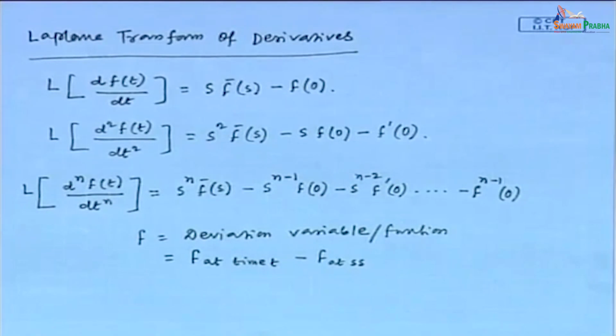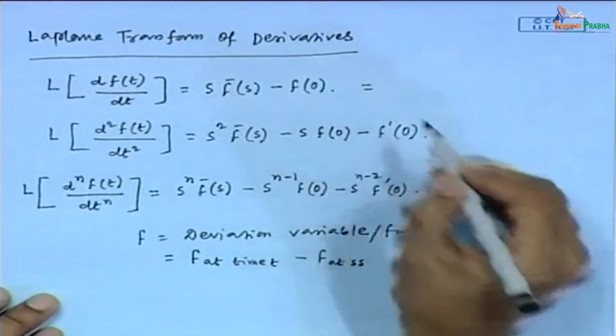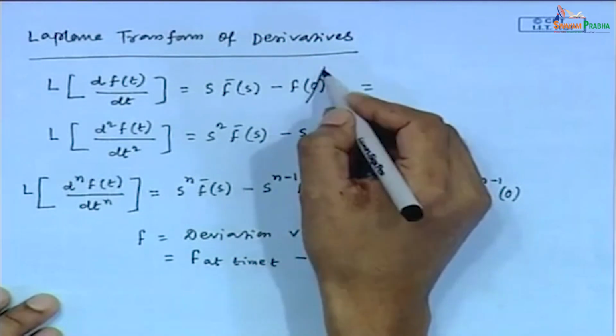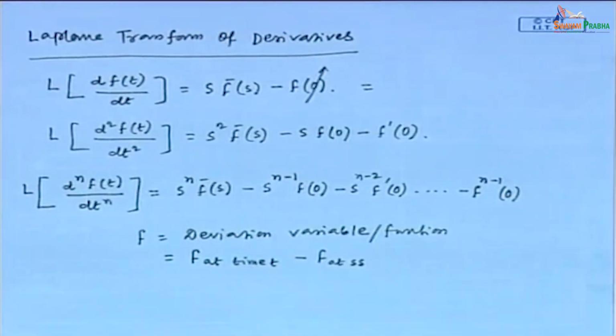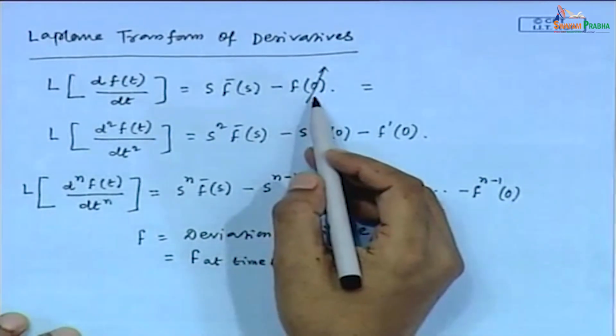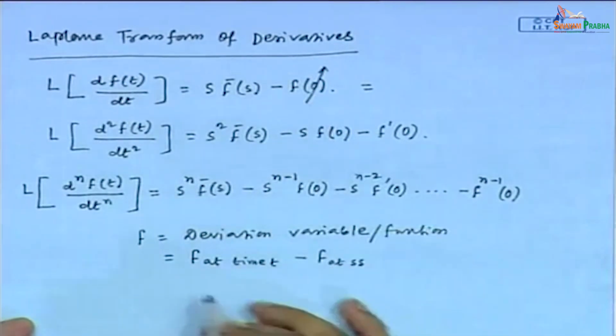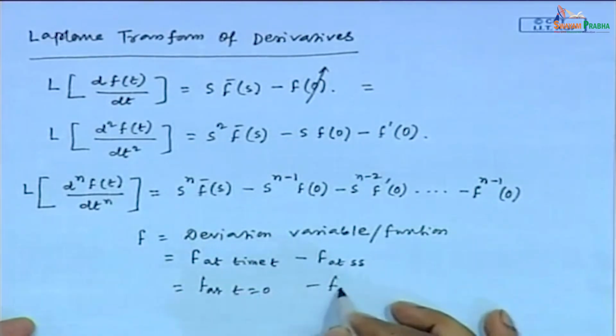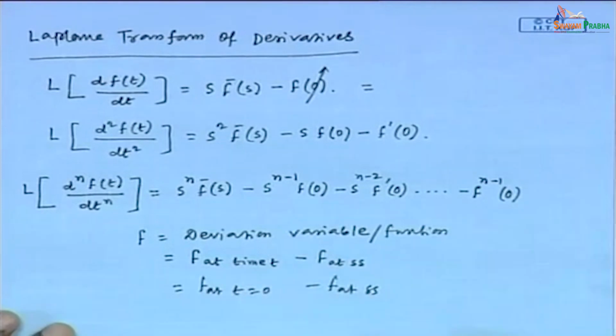If we consider f as the function of deviation variables, what will be the Laplace transform of first derivative? This will become 0, isn't it? In this, t equals to 0, so f at t equals to 0 minus f at steady state.